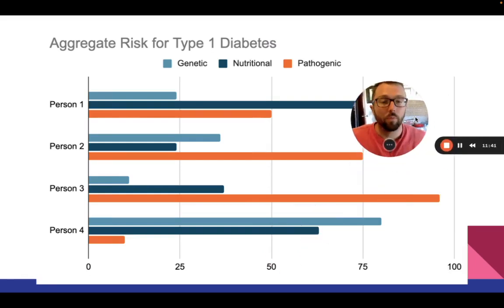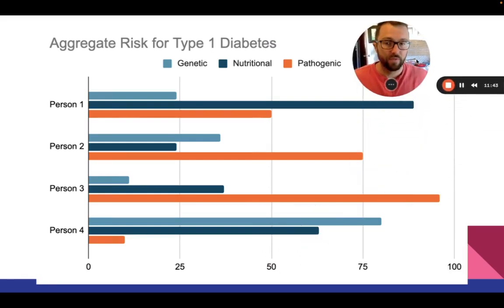And so when you consider all of the different facets going into the development of diabetes, you realize that every person with type 1 diabetes is any number of combinations of those three factors to actually get to type 1 diabetes.